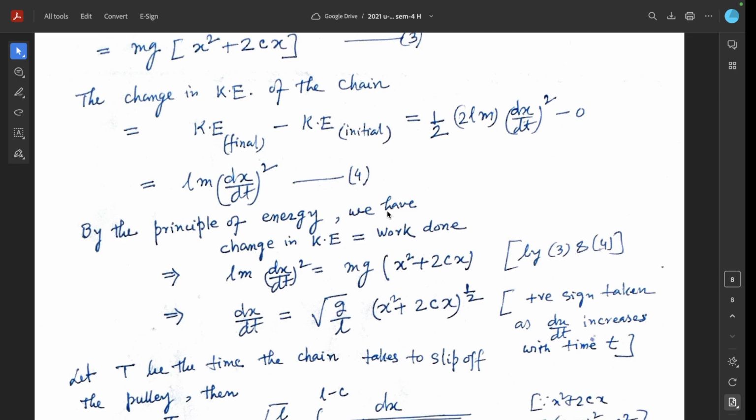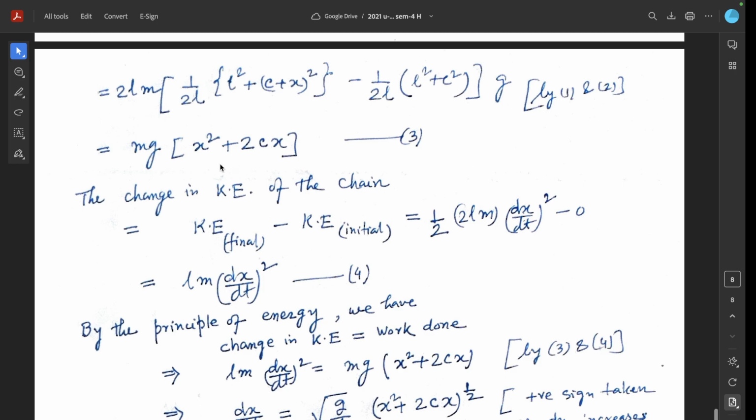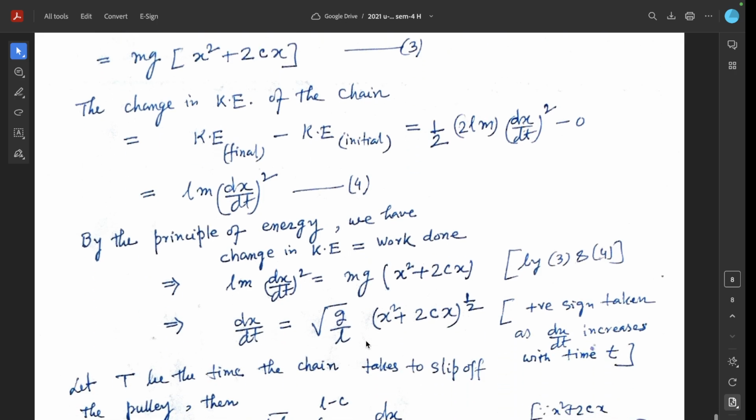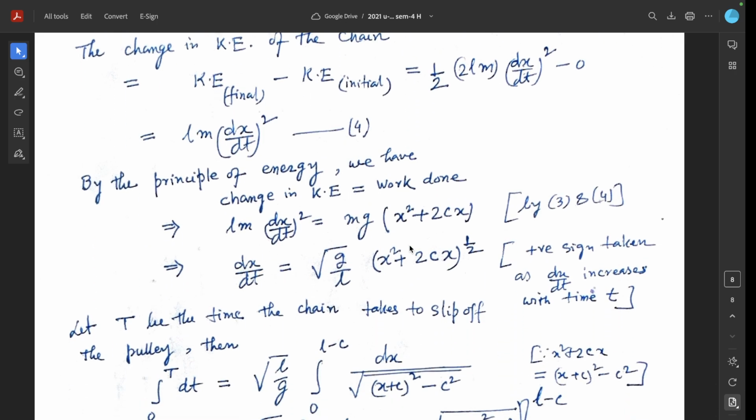By the principle of energy conservation, change in kinetic energy equals work done. So Lm dx by dt whole square equals mg into x square plus twice cx. So dx by dt equals the root of this, with the positive sign taken because dx by dt increases with increasing time t.